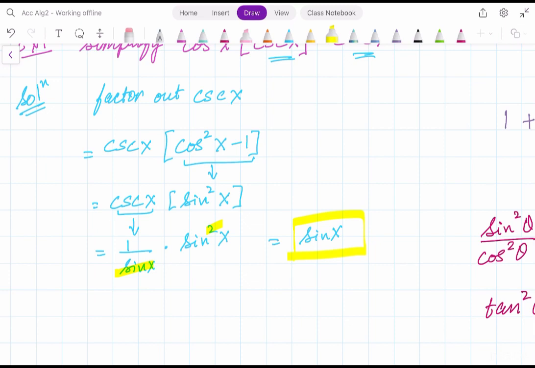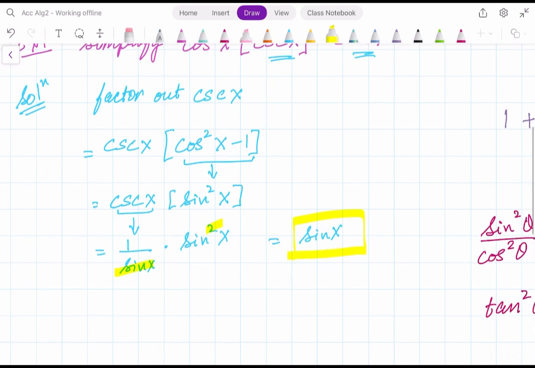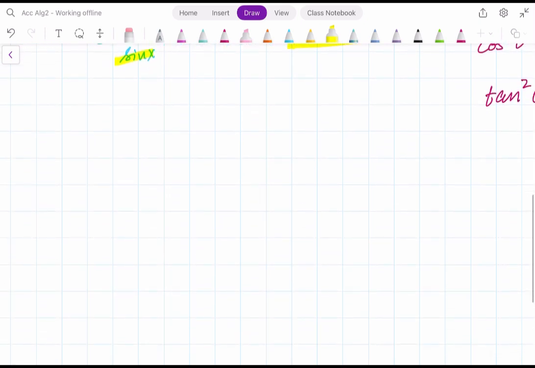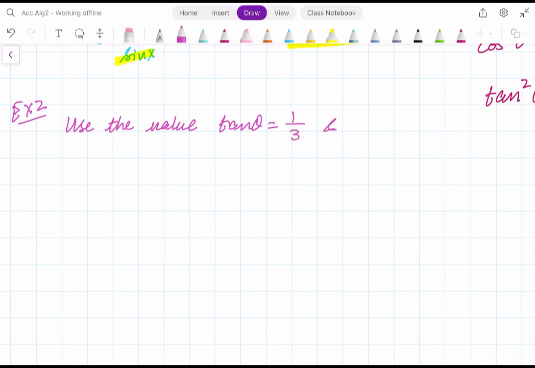Let's take one more example. Okay, this time they want to use the value tangent theta is given as 1/3 and cos x is less than 0.